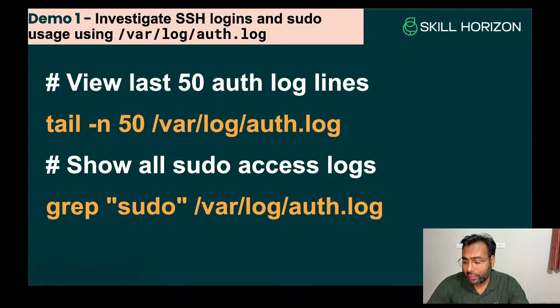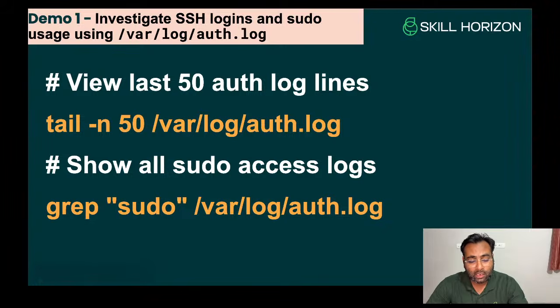As you already know, the tail command is going to display the last lines. So right now, using this command, tail -n 50 and the file name, I want to see the last 50 lines. But that is not restricted to 50.